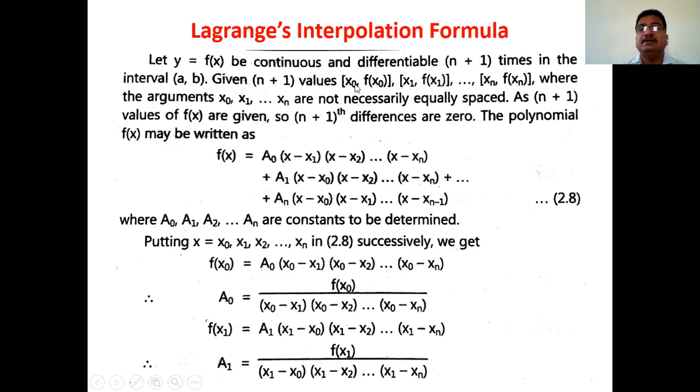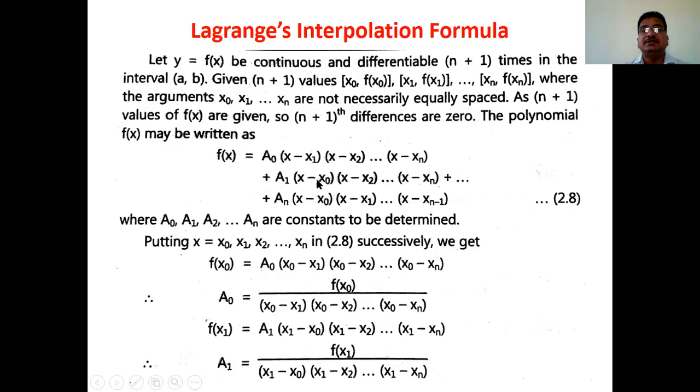If we write these values in the form of a table, then the first row is the values of x, and the second row is the values of y or f(x). The values of x are x0, x1, x2, ..., xn, and the values of y are f(x0), f(x1), ..., f(xn). That is the second row. So this is the given data, and we define the function f(x) in this form.